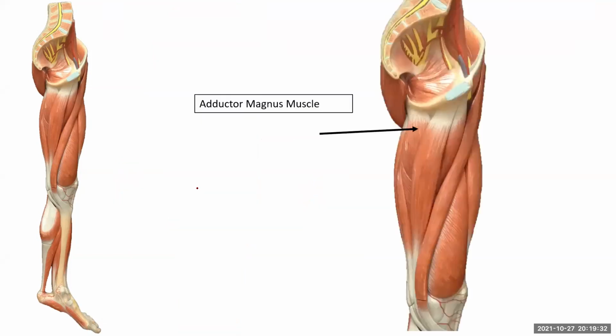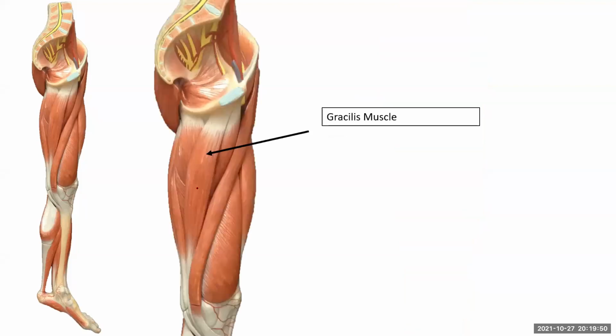We're going to come back to that muscle. There's the Adductor Magnus muscle, more posterior in the medial compartment there. So there's a muscle that sits between the Adductor Magnus muscle and the Adductor Longus muscle. That's the one we just skipped. That's this fella right here called the gracilis muscle. Gracilis.